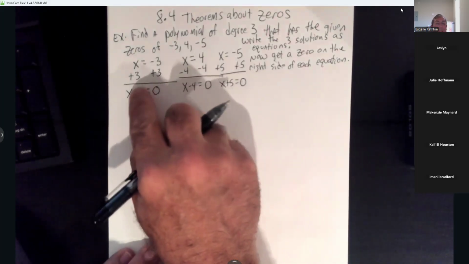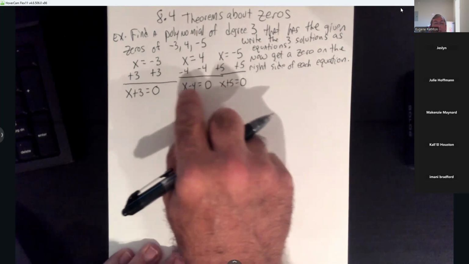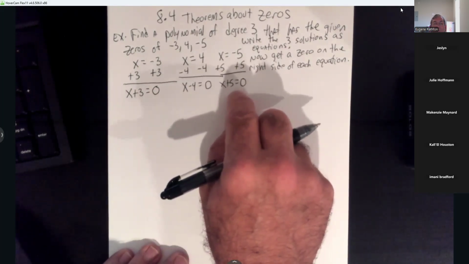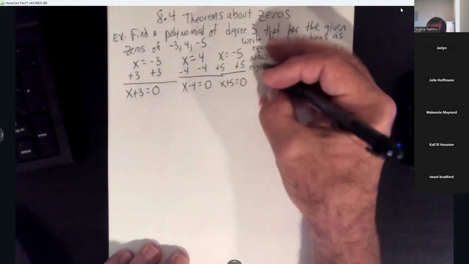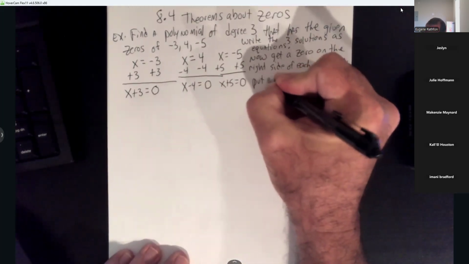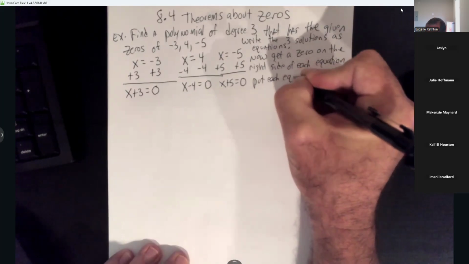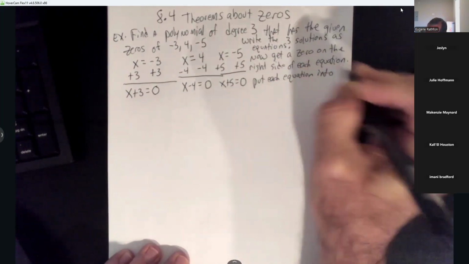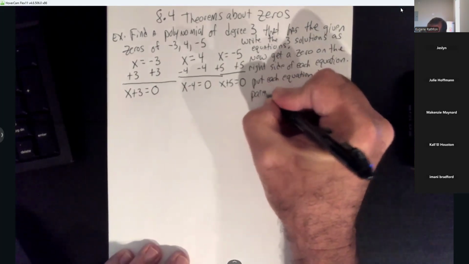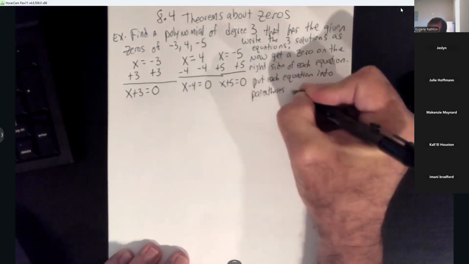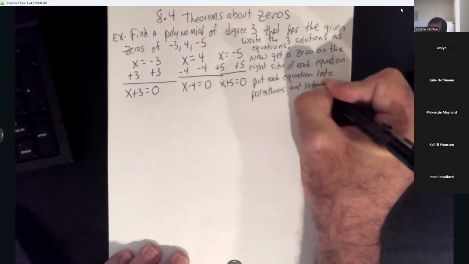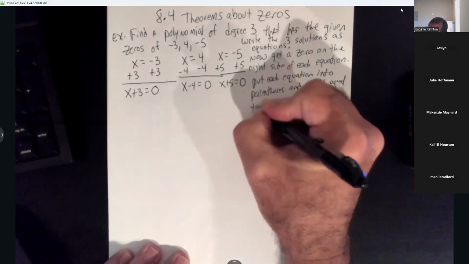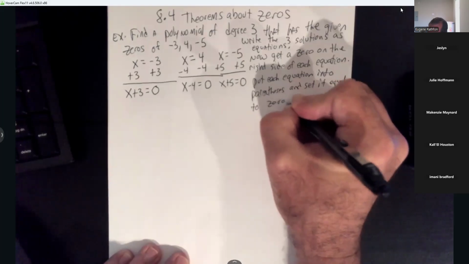So I got 3 little equations that are equal to 0. So now what I'm going to do is put each equation into parentheses and set it equal to 0.